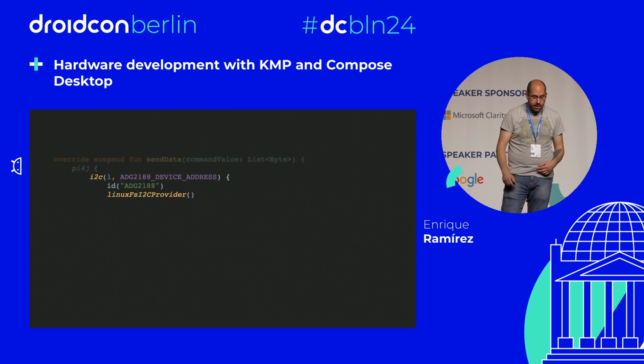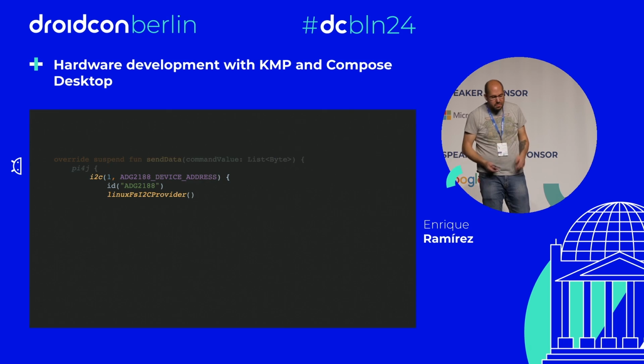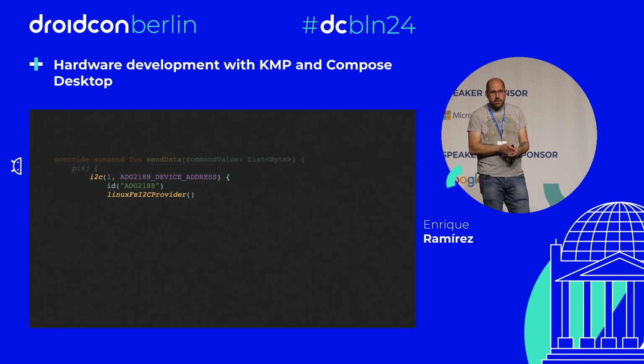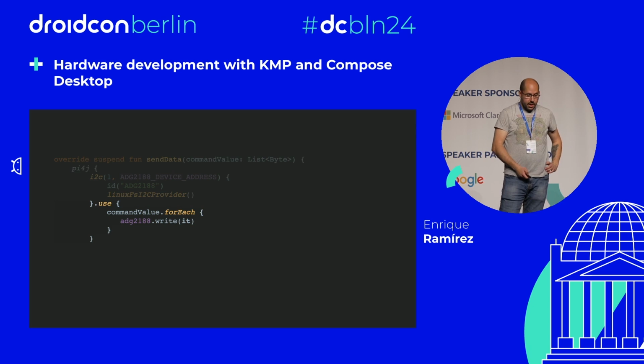So this is using the Linux file system provider, but there's other ones. If you're familiar with the Linux file system, it's just /dev, and then you have all the devices. That's how internally I think it's working. And then you write the commands, you iterate on it. And it's the cool thing with this DSL, it closes itself, so you don't need to handle anything else. You're done when you're doing that.